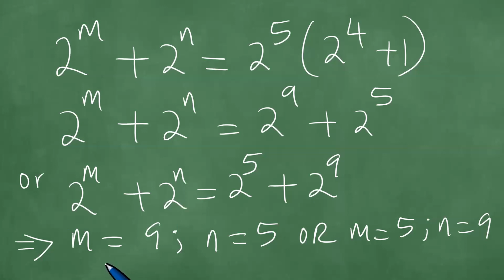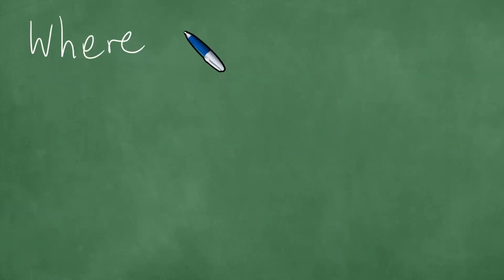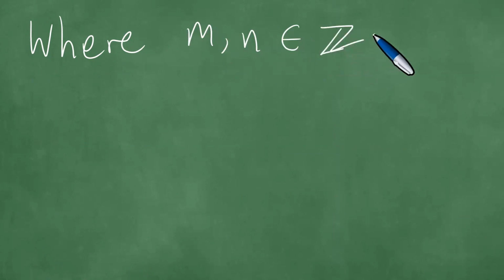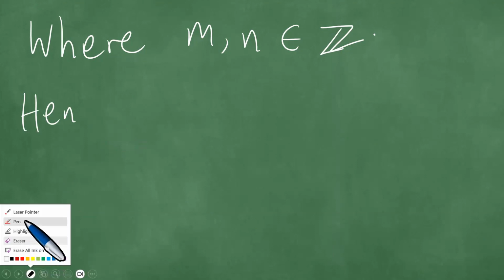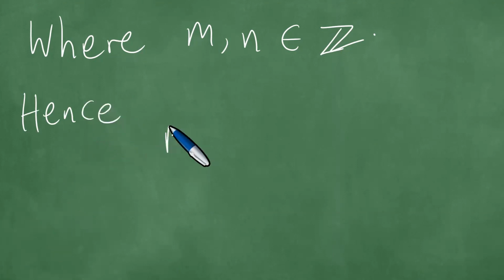So what do we do now with this? In both cases, where m and n are integers, what are we able to achieve here? We're able to achieve the summation.